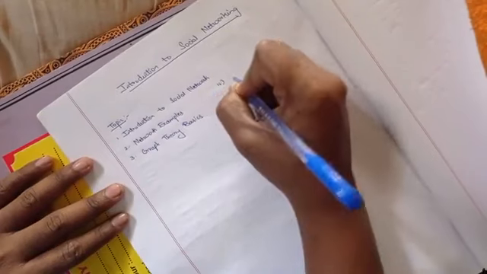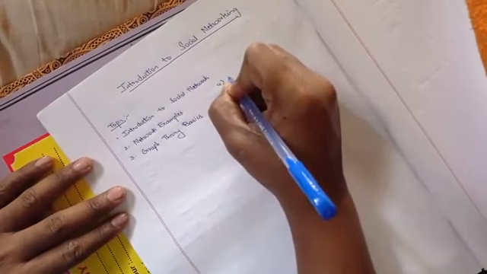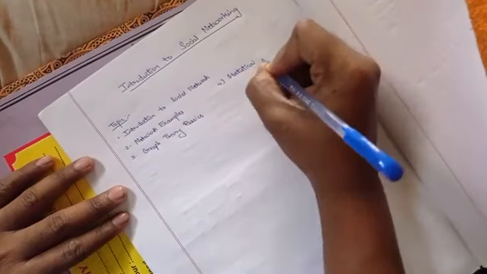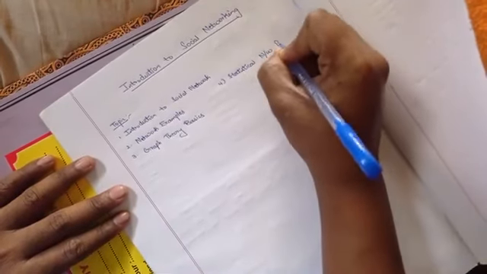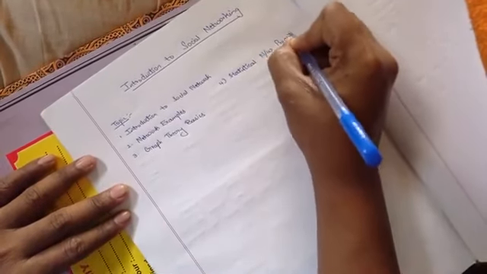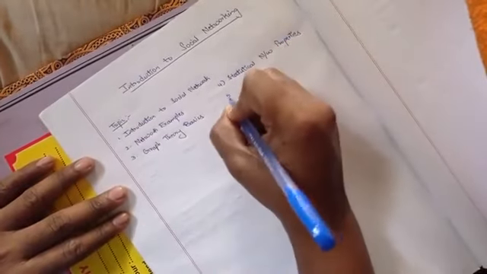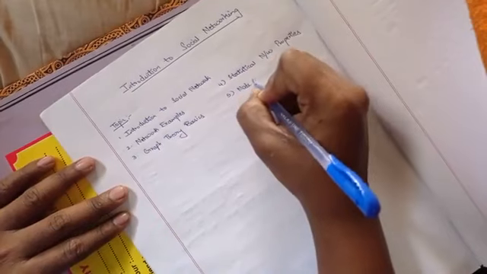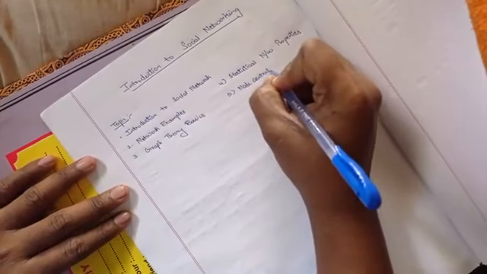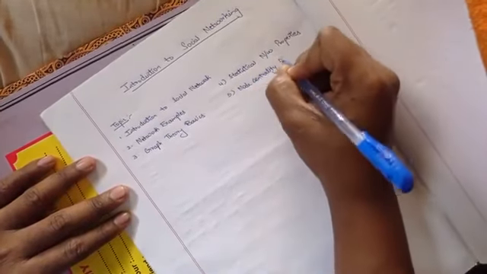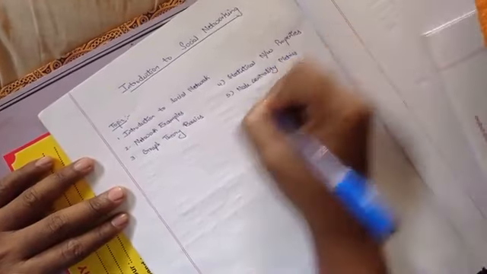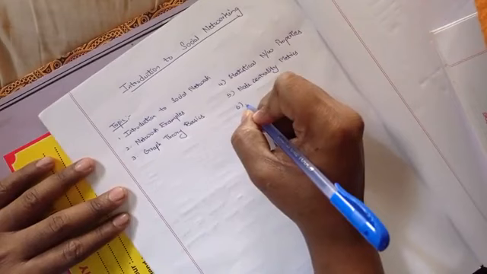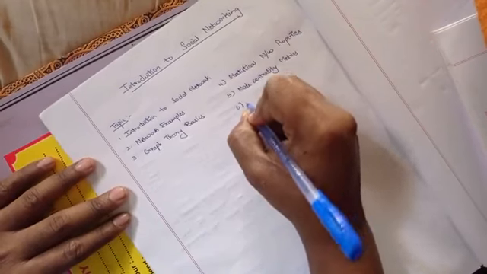And fourth topic, statistical network properties. Then node centrality measures or metrics, anyway you can call it. And the last topic is eigenvectors and PageRank.